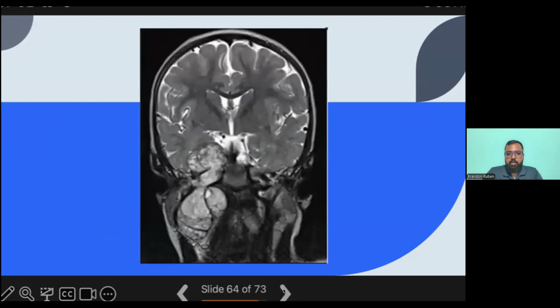Image here. On MRI, you have features such as surrounding peritumoral edema, irregular and or locally invasive margins, and intratumoral heterogeneity. This coronal T2-weighted MRI of the brain demonstrates a large heterogeneous mass located in the left skull base region, extending into the infratemporal fossa.